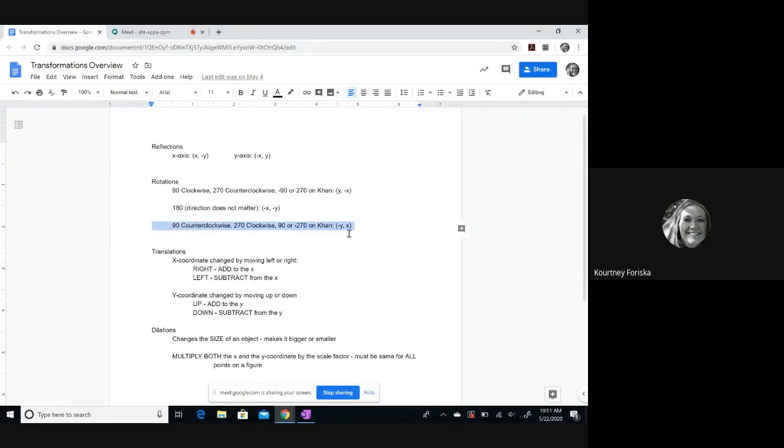There's your pattern, the opposite of y, comma, x. That's the rule that you're going to fill in. Really, really nice document to have. If you have a printer, print it and keep it handy. If you don't have a printer, keep that tab open and just keep referring back to it. That's what I'm going to do so you guys can see it.